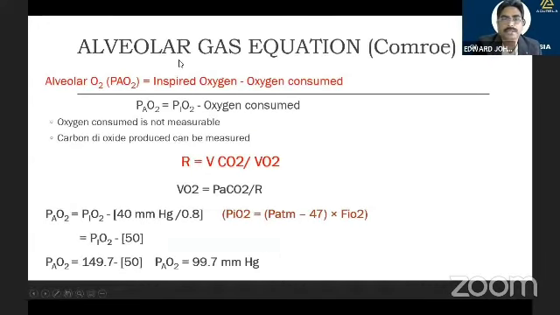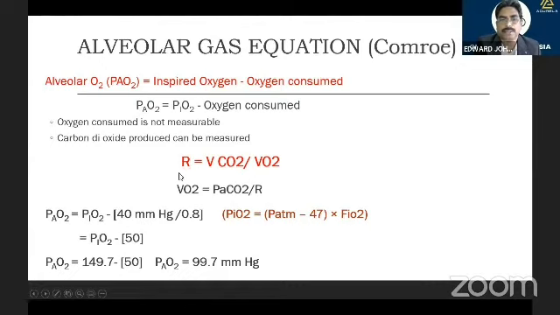So in the alveoli, this is the alveolar gas equation. In the alveoli, the inspired gas minus the oxygen consumed is the alveolar oxygen tension. You know the oxygen consumption is not measurable, but the carbon dioxide production can be measured by the arterial PaCO2.